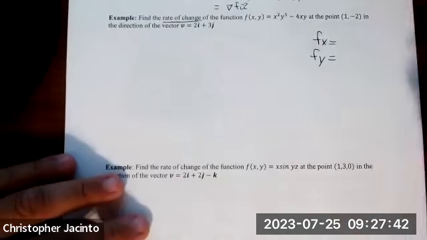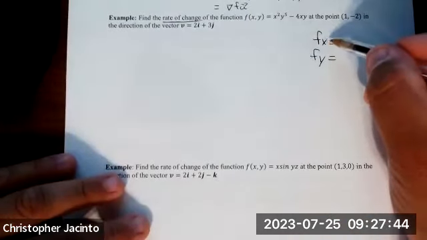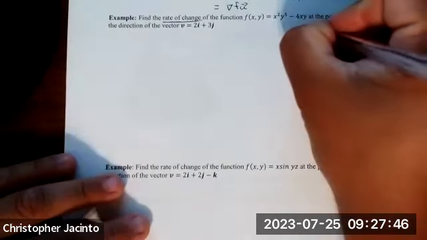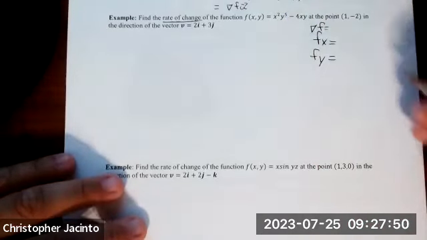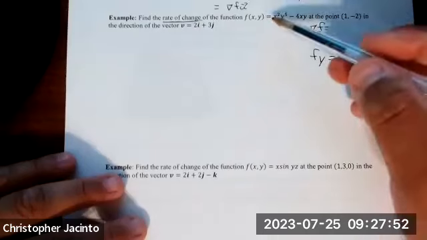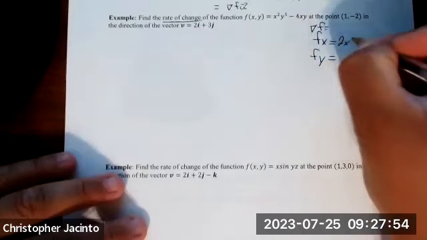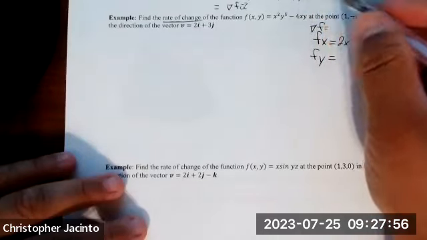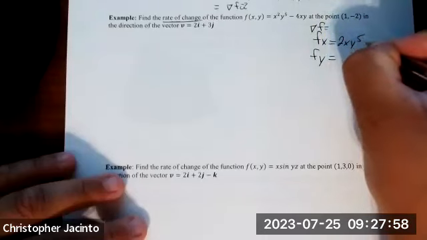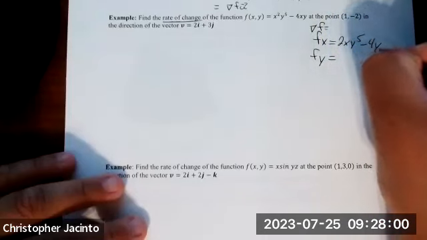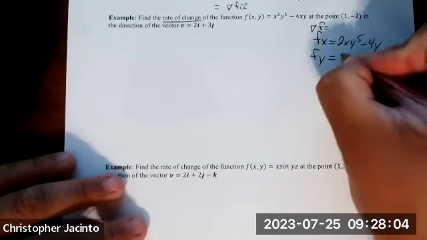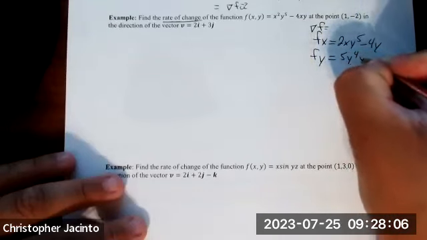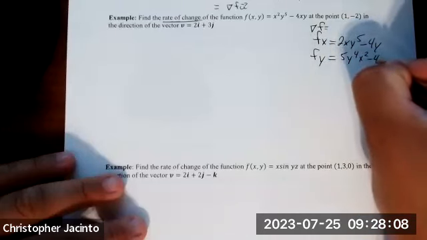Okay, so find the derivative. So basically, find the gradient. That's what we want, the gradient of each one. So the derivative of f with respect to x would be just 2xy to the fifth minus 4y, and with respect to y would be 5y to the fourth x squared minus 4x.